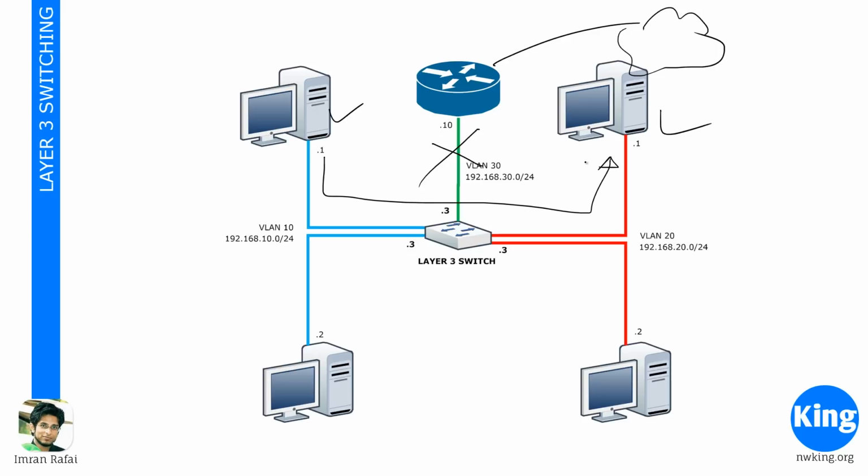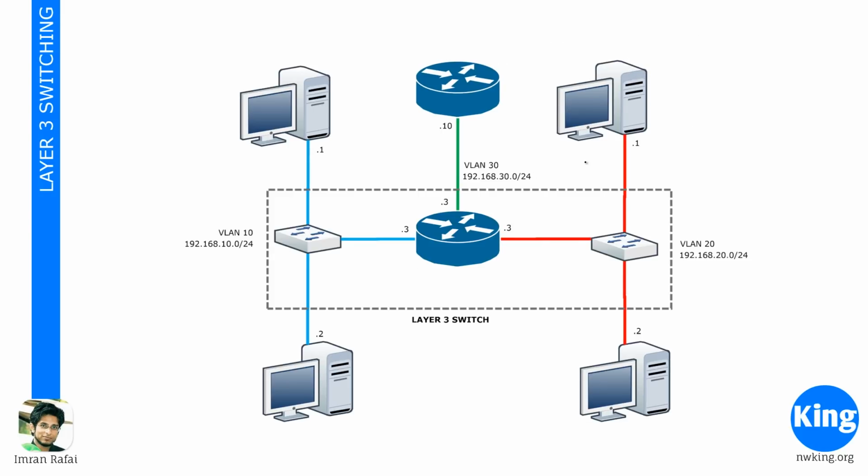So what is a layer 3 switch? A layer 3 switch, if you expand a little more, is like a mini router that sits in a layer 3 switch, right? So these devices, because they're in the same VLAN, this is one interface, this is another interface, both are in VLAN 10, so they can communicate.